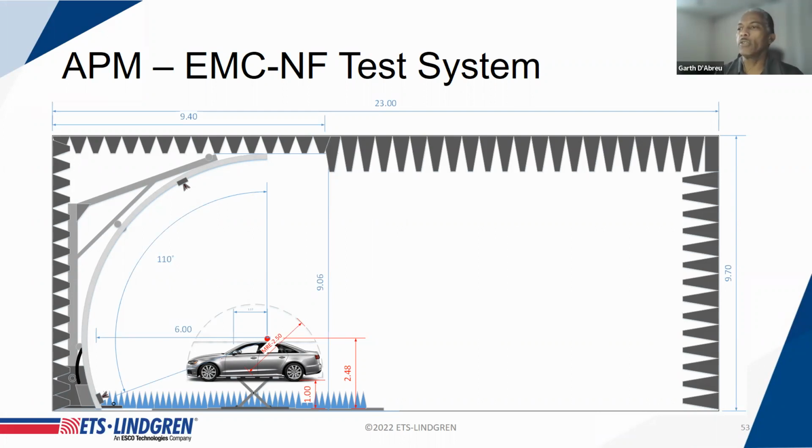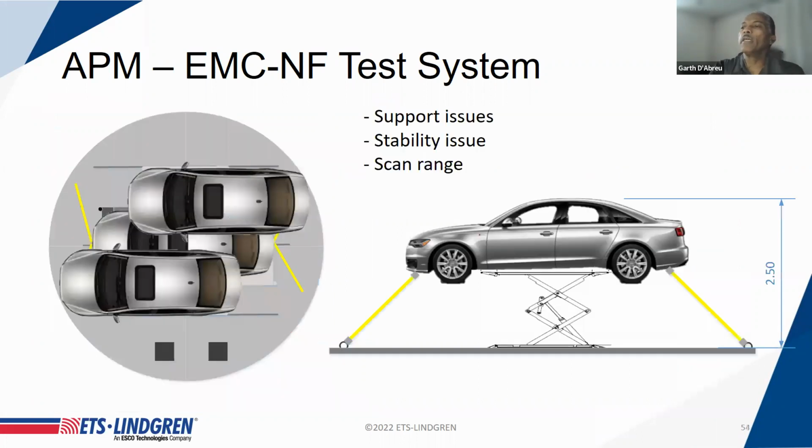It's designing something that's just good enough, that just meets the requirements of the particular test, and that's able to give you results that are very, very useful. A couple of the challenges, as I mentioned, one of them is making sure that you can move the vehicle around on the turntable surface to try and get the measurement antenna or the antenna under test centered as much as possible.